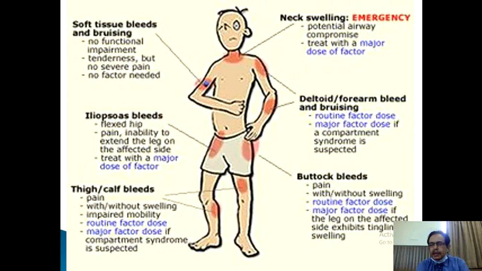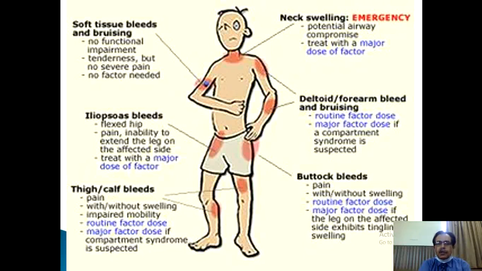Then in the buttocks you can have pain with swelling, and the treatment is with the usual factor 9 replacement, major factor, if the leg on the affected side exhibits tingling or swelling.